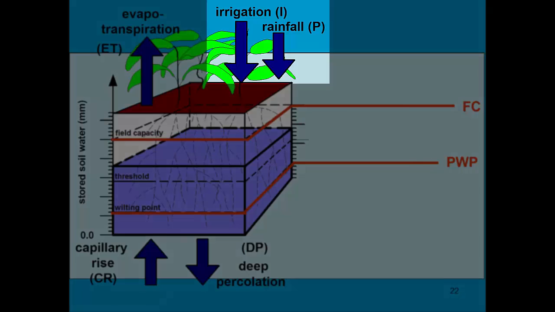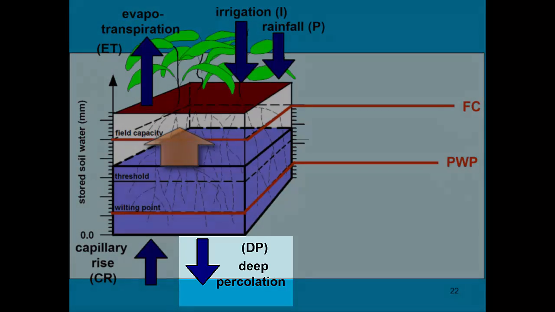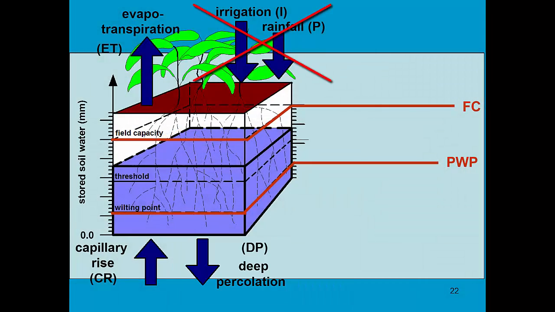If there is a lot of rainfall or irrigation, the water content in the root zone will increase and will come above field capacity. This will result in deep percolation. In the absence of rainfall and irrigation, the water content in the root zone will drop and the crop becomes under stress. When wilting point is reached, the crop will die.